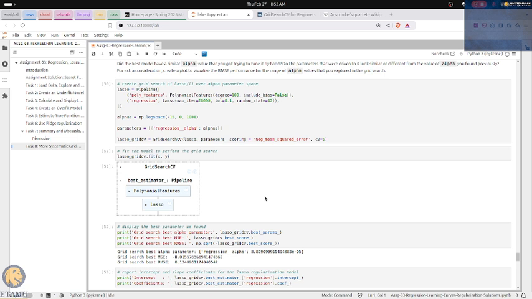I had at least one student ask me about this. You can actually search on the parameters of any part of a pipeline if you name the pieces of your pipeline. So here, this is actually 2 underscores. You have to use whatever part is the metaparameter that you're specifying.